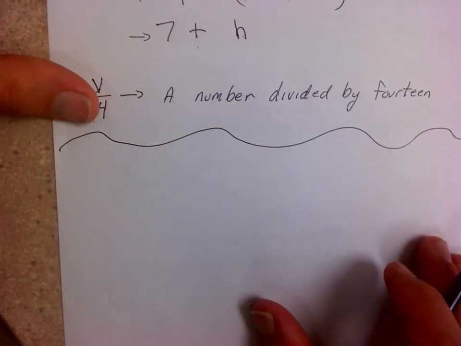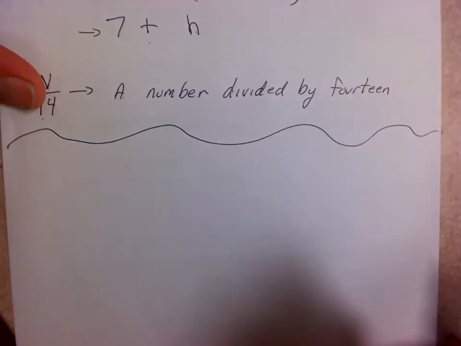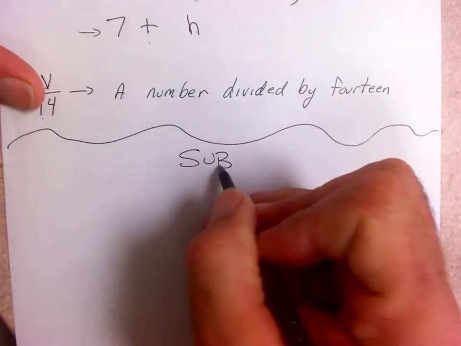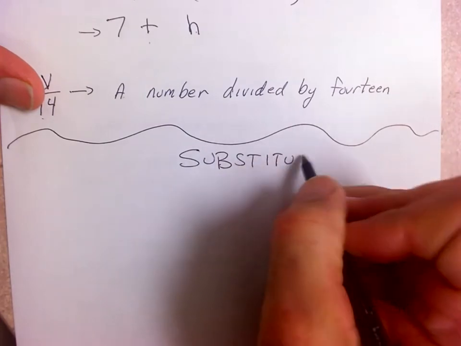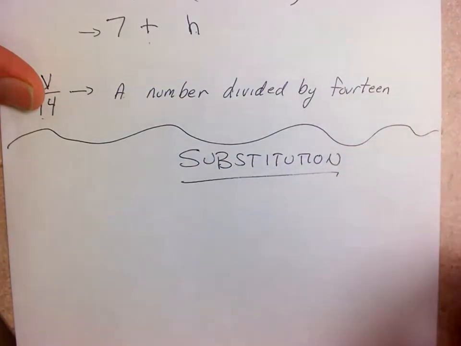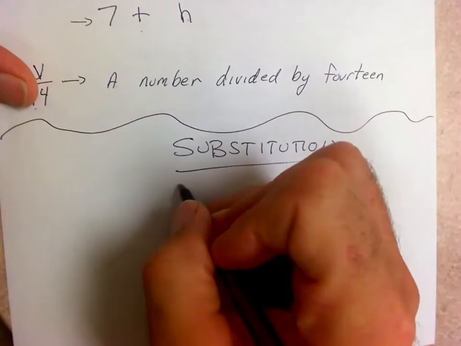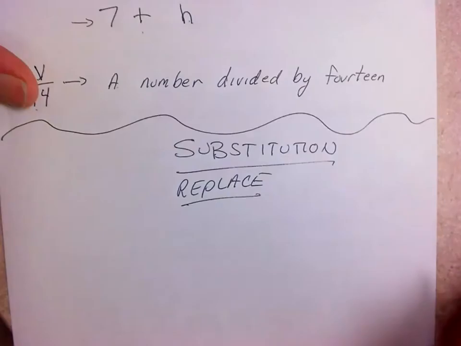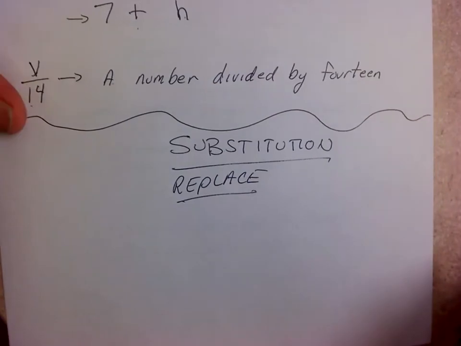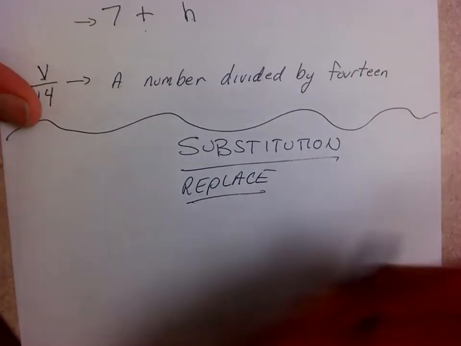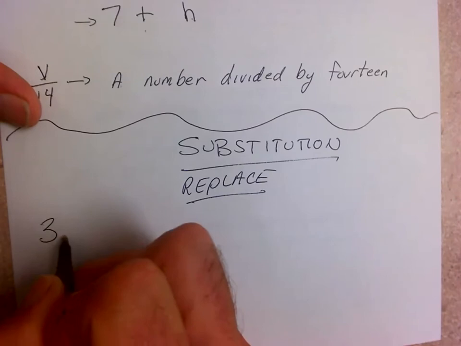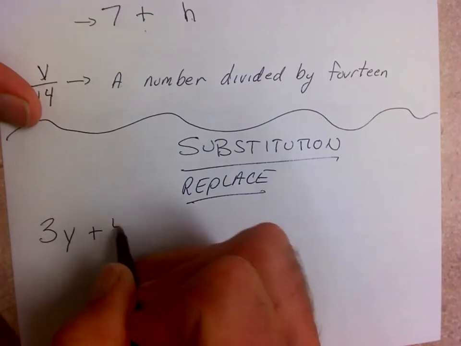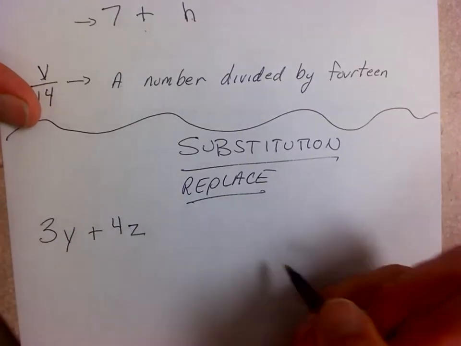All right, the second half of your homework assignment this evening deals with substitution. Okay, and substitution is what we use to replace. All right, and since we got variables involved now, our expressions may look like 3y plus 4z.